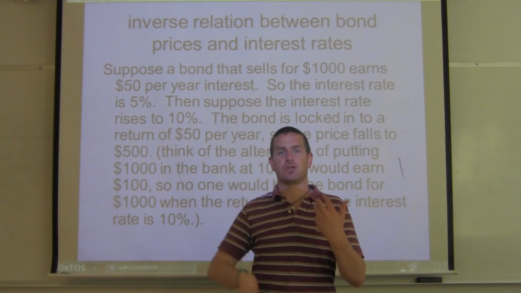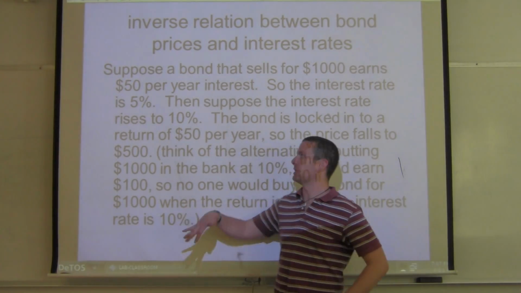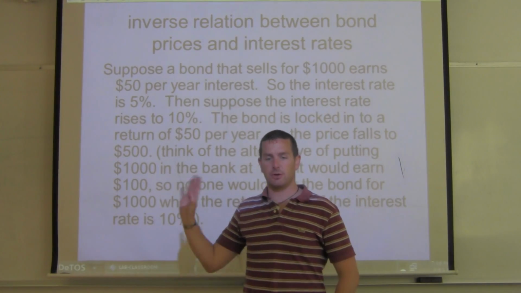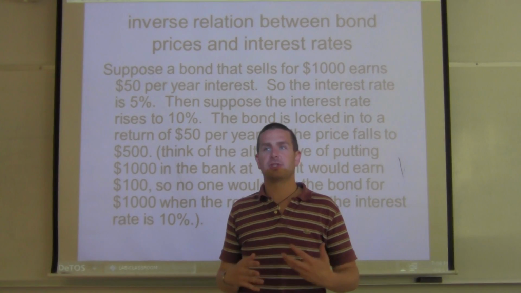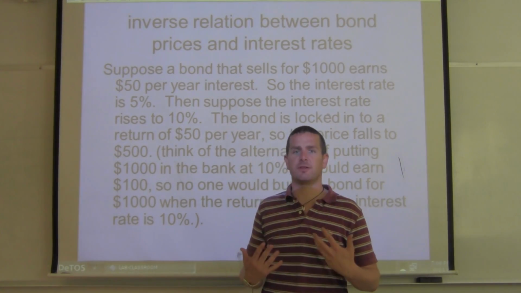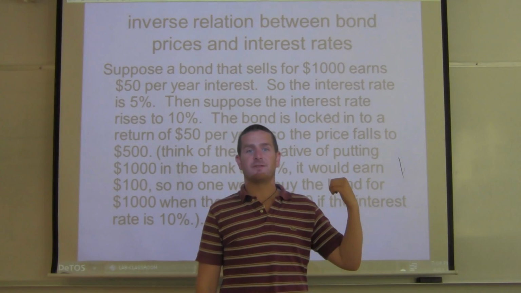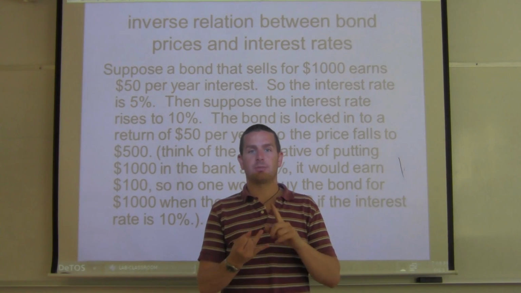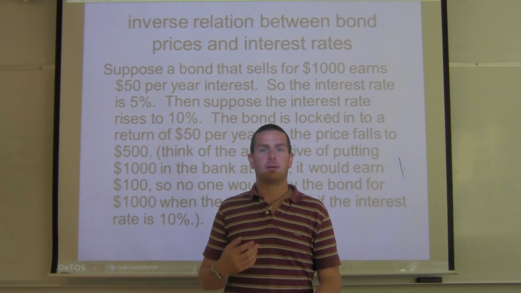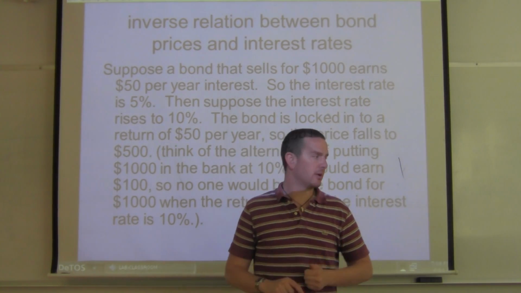There's an inverse relation between the two. The intuition is on this purple slide, which you can look at, and feel free to email me if you don't understand it, but it's not the most important thing for this course. All you really need to know in order to understand the Keynes effect is the transaction, precautionary, and speculative demand for money, and that when bond prices go up, interest rates go down, and vice versa.